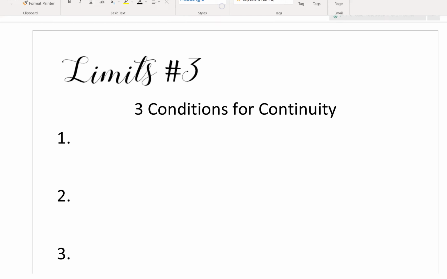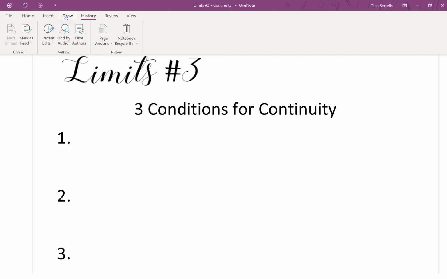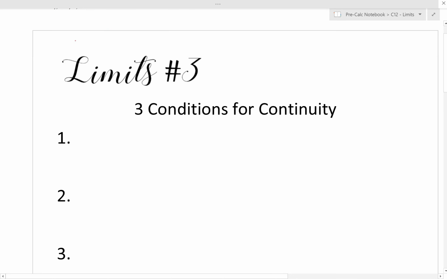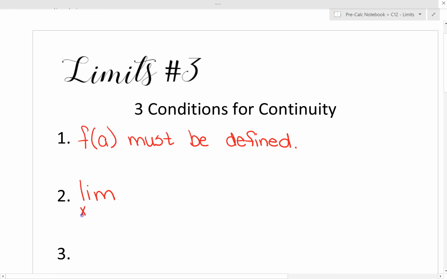So the first one that I would like to talk about is f of a must be defined. Okay, the second one, the limit as x approaches a for the function must exist.